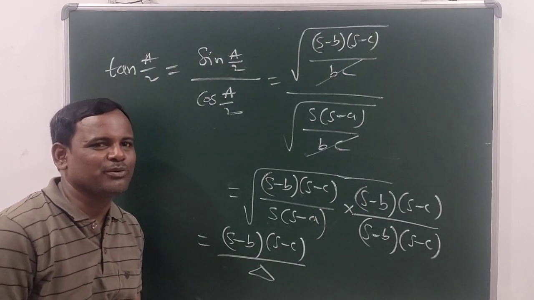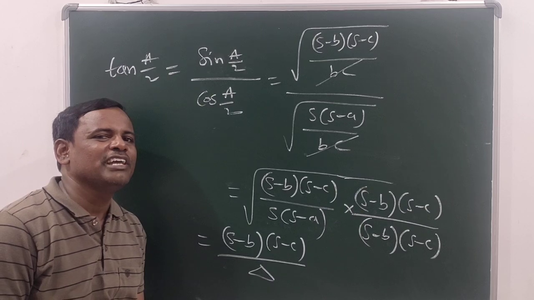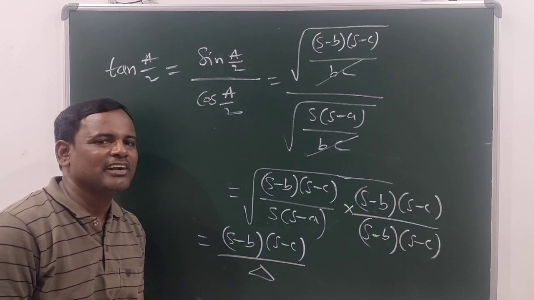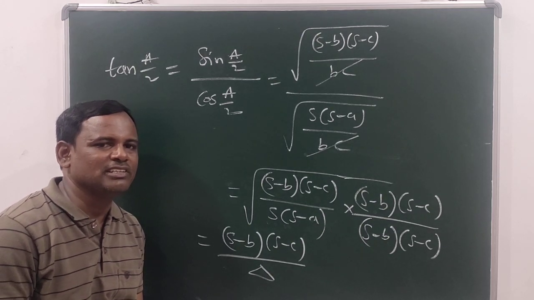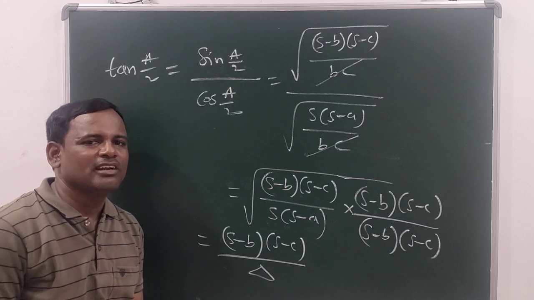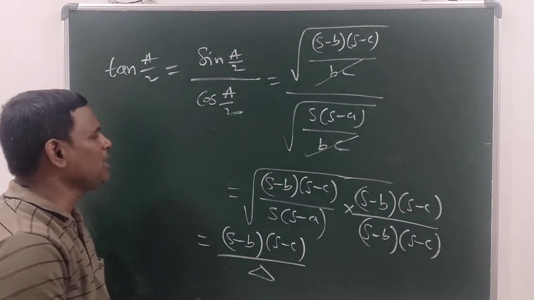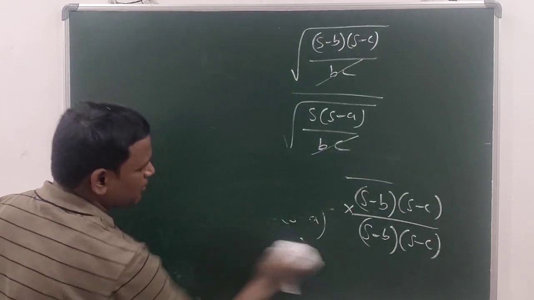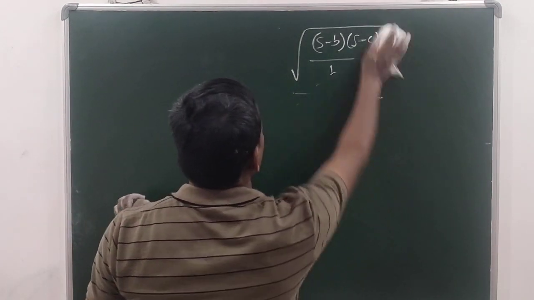Three formulas I wrote. First one is square root of S minus B, S minus C by S into S minus A. Second one, delta by S into S minus A. Third one, S minus B, S minus C by delta. Similarly, can you write tan B by 2, tan C by 2 formulas? You can.